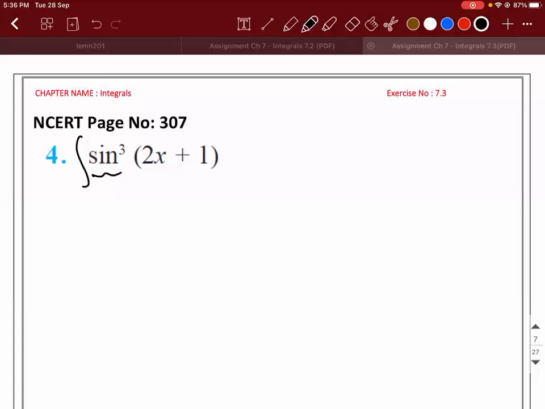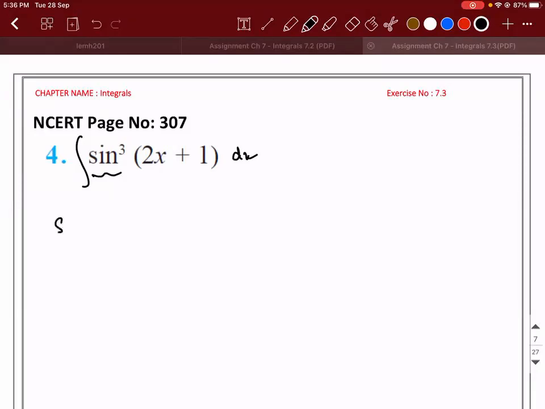So what is the answer? So I got minus 3 by 4 into cos of 2x plus 1 plus cos of 6x plus 3 by 12. Okay.